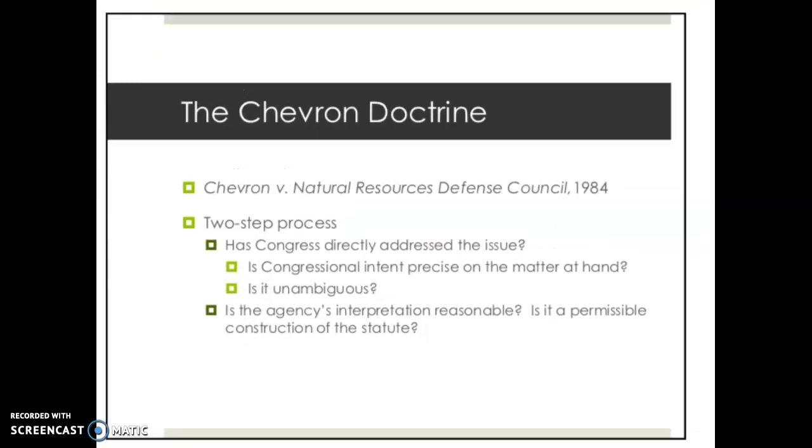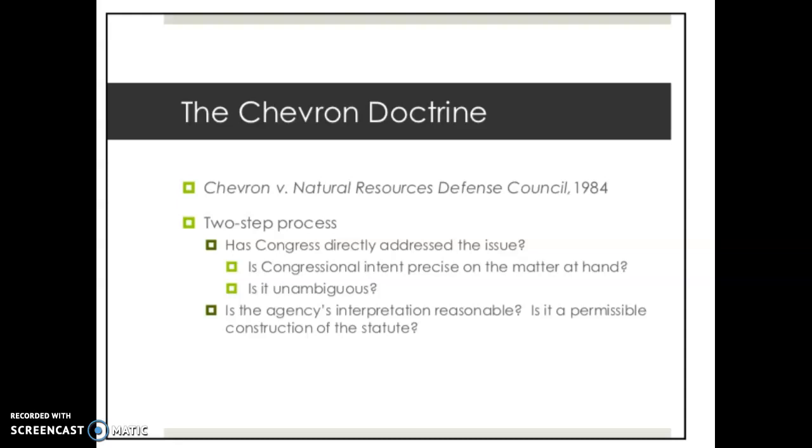Related to this is the Chevron doctrine, established in a landmark case in 1984. This provides a legal test to determine whether or not deference will be granted to the federal agency with regard to the agency's interpretation of a law written by Congress. So it's a two-step process.